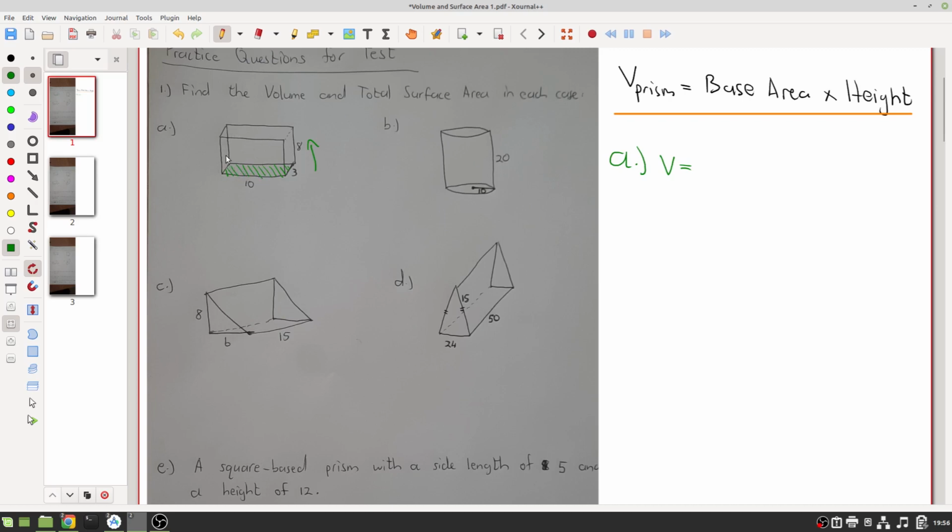We could have also chosen this left-hand side, because you just stack lots of those rectangles next to each other and it makes a prism in this way. So the base has to be a shape that continues all the way through the prism until the other side. So the opposite side must have exactly the same shape. That'll be the base. So you can also think of the base as the two sides of the prism that are exactly the same. Alright, so we're choosing this one as our base.